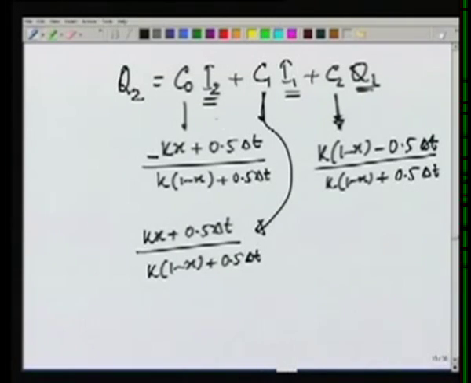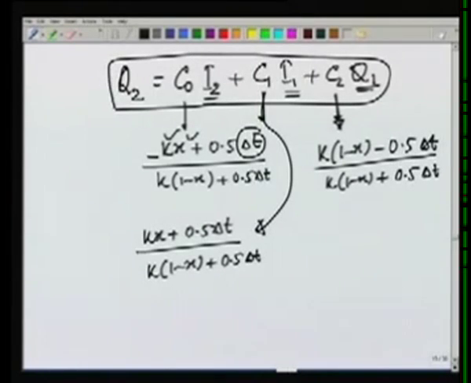So using these values of C0, C1, C2, which can be obtained based on K and x and delta t, we can write an equation which will be applied repeatedly for different time steps to obtain the unknown Q2 at the end of the time step in terms of the known values of I2, I1 and Q1. Typically it is done in tabular form to make the computations easier.